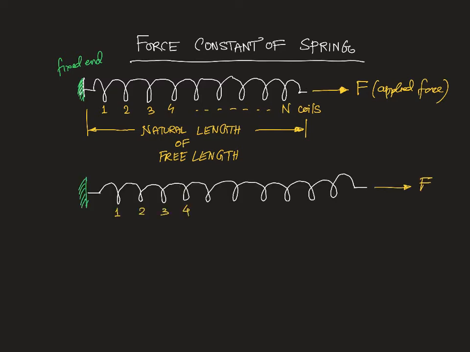So now we are seeing the extended length of the spring in this diagram. Now, suppose I tell that delta is actually the increase in gap between the successive coils.